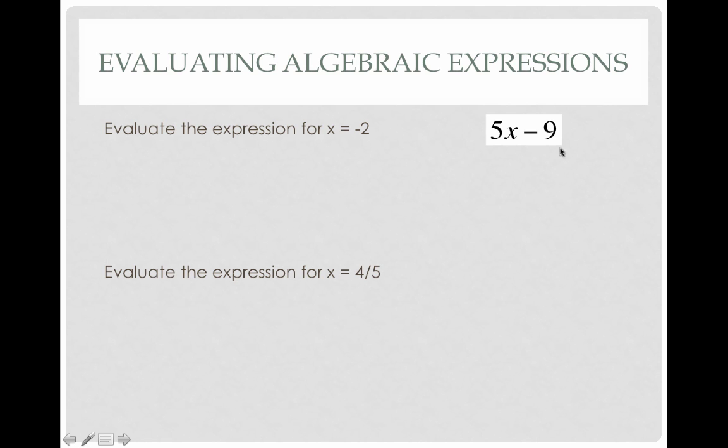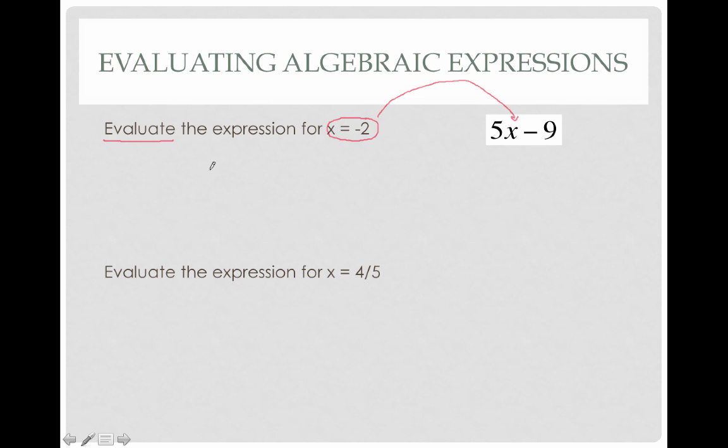Okay, let's take that expression and let's evaluate it. When we talk about evaluating an expression, evaluate means calculate it out and find out what it equals. So we're going to evaluate or calculate the expression if we make x equal to -2. All right, let's take that -2 and replace x with -2.